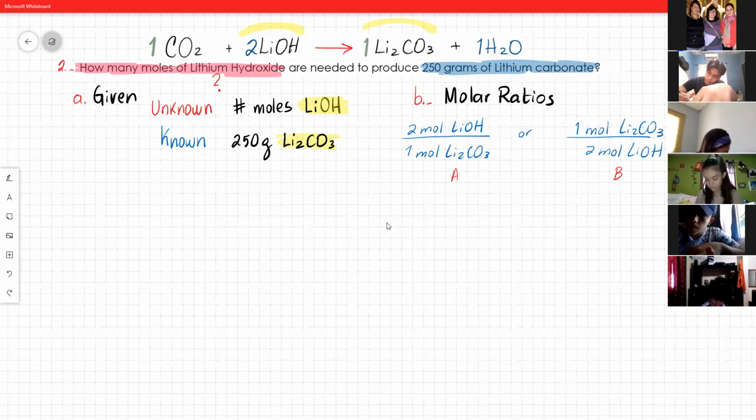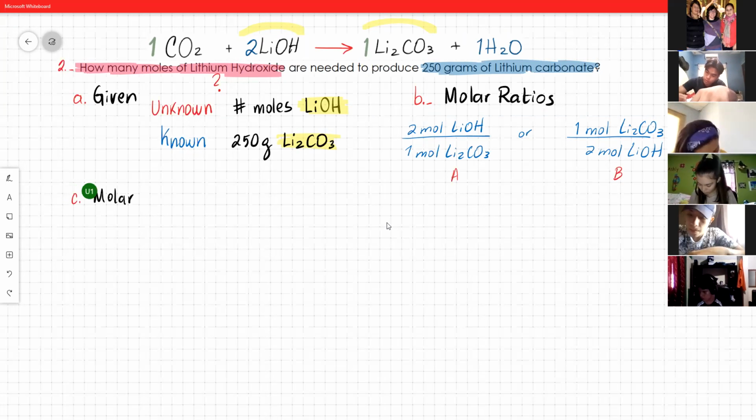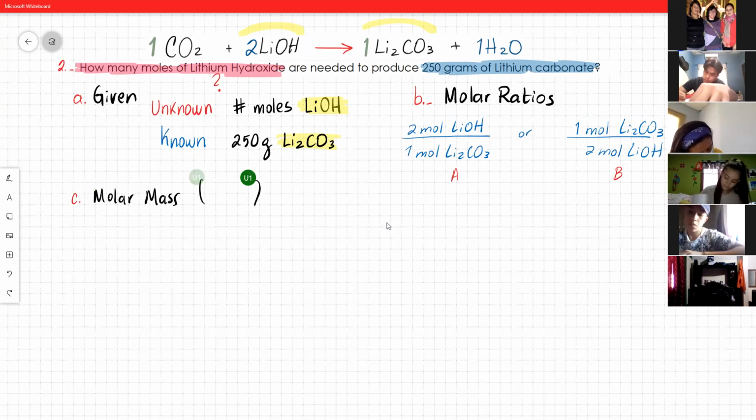After this, the next step is to get the molar mass, but not any molar mass. It is the molar mass of the known. Remember, of the known. So what we do know is the substance that is liquid.